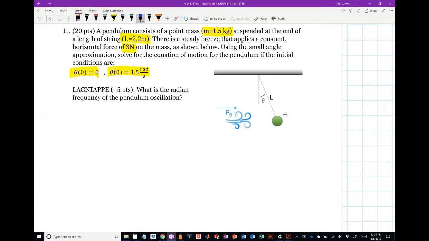The equation that we're going to need to solve is this one. It's going to be I omega dot equals sum of moments. Okay, and so we need to find out what the different components are of this.